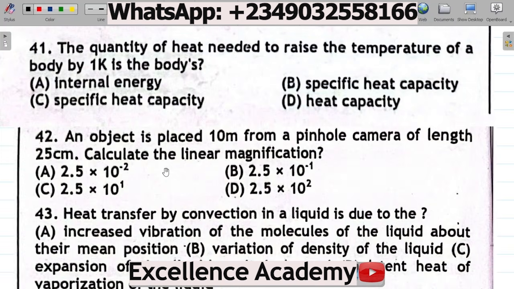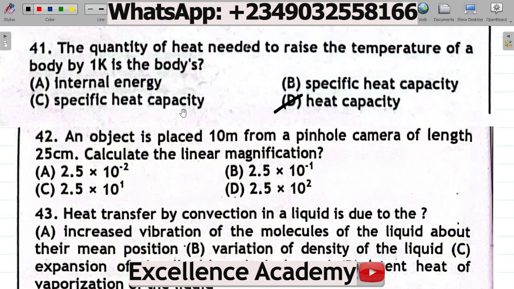Question 41 says, the quantity of heat needed to raise the temperature of a body by 1 Kelvin is the body's A. Internal energy, B. Specific heat capacity, C. Specific heat capacity, D. Heat capacity. For this question, the correct answer is D, heat capacity.